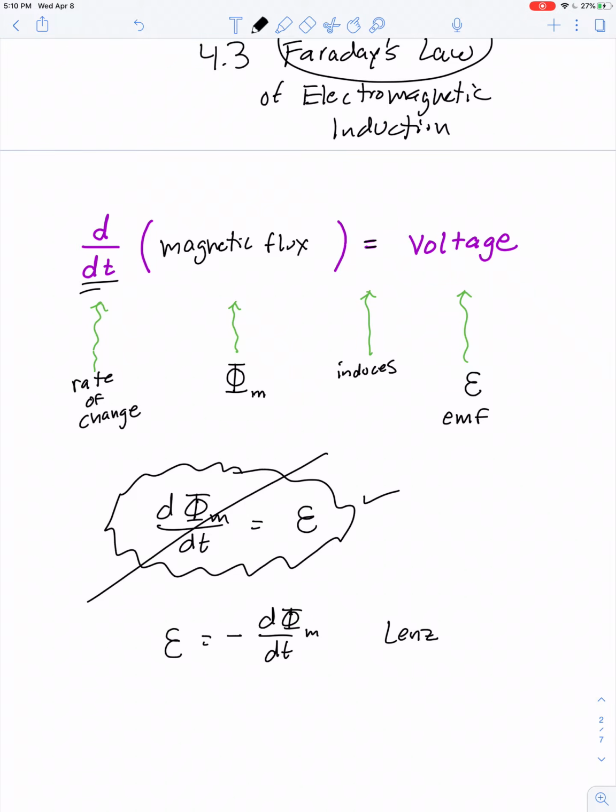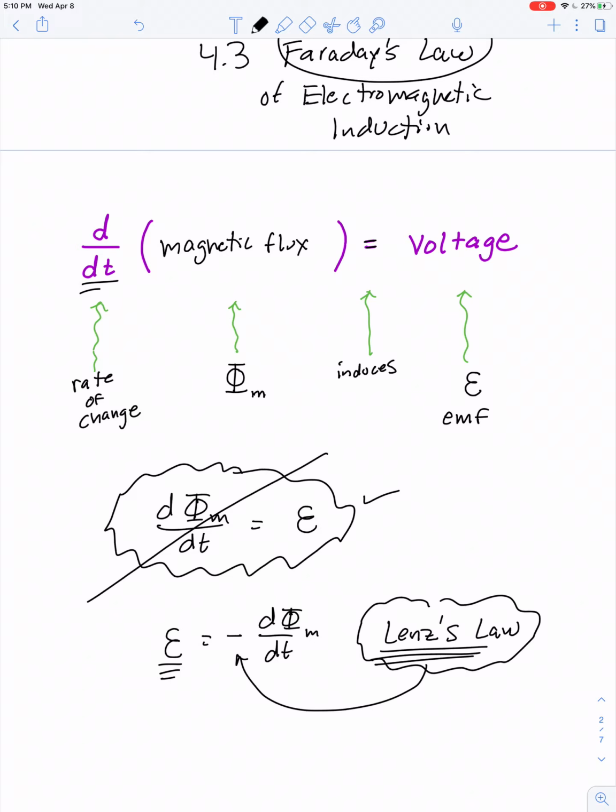Not Lens like the lens in your eyeglasses, Lenz. Lenz's law has to do with the polarity of the induced voltage. Now, I'll spare you the discussion of Lenz's law for now and just introduce it in name at this point and associate it with the negative sign in this expression for Faraday's law.